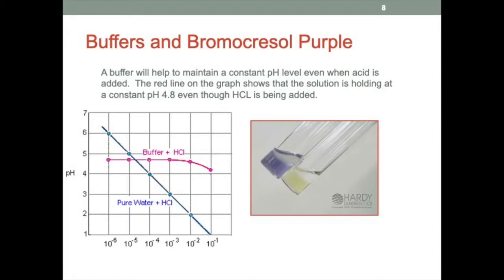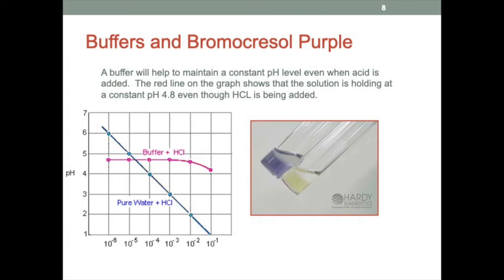So over here on the left, you'll see that it's turned yellow because it's acidic. But over here on the right, it's purple because in that solution there's a buffer present, right? So it's preventing it from turning yellow. It's preventing it from turning acidic. This chart right here will help you answer page 43.